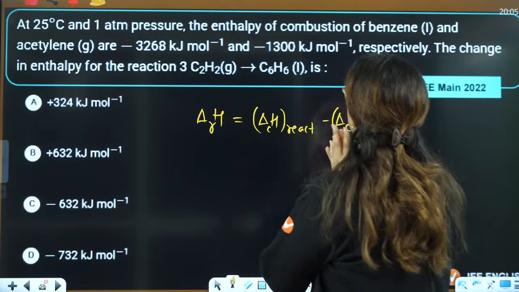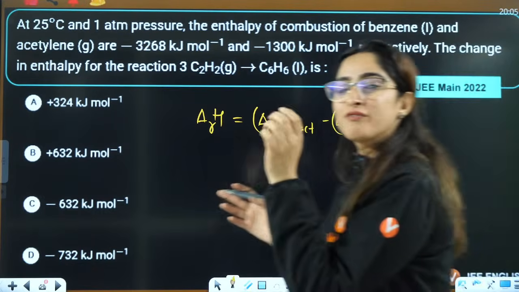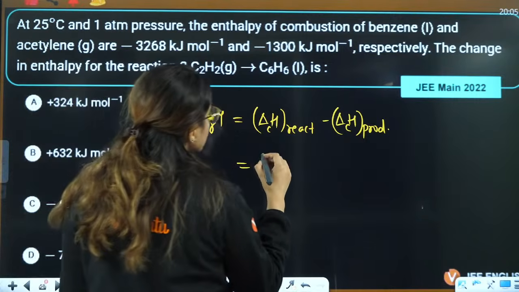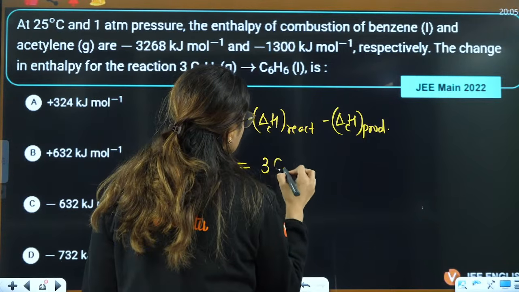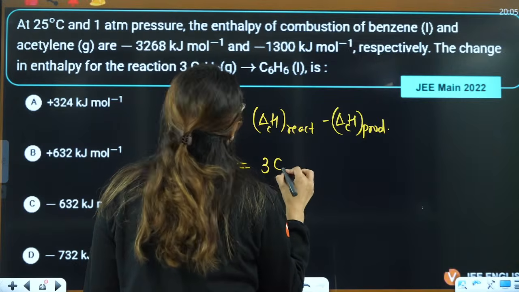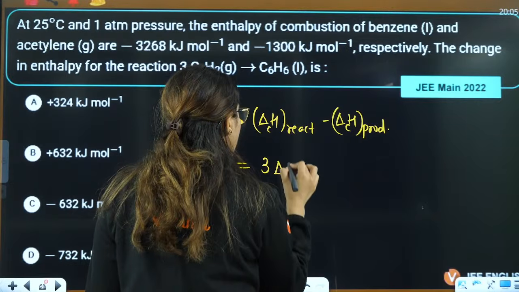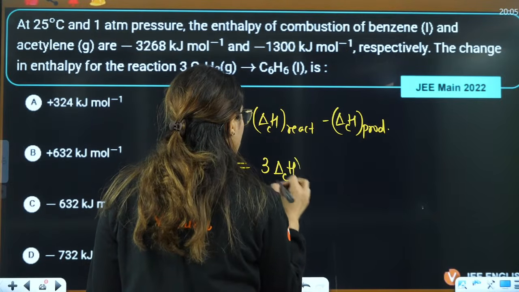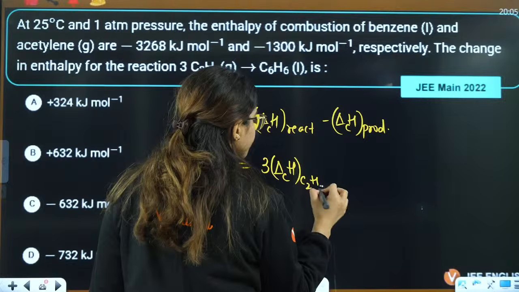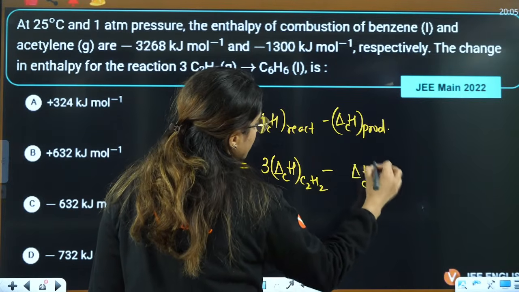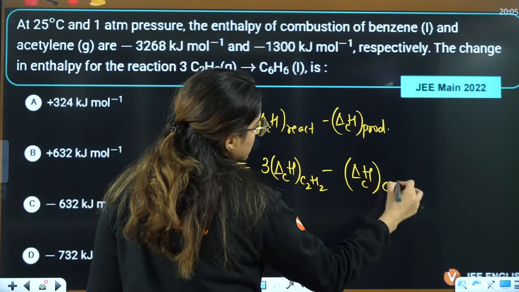Whenever they have given combustion, I'll always use reactant minus product. Here the reactant is 3 into delta H combustion for C2H2, minus delta H combustion for the product C6H6.